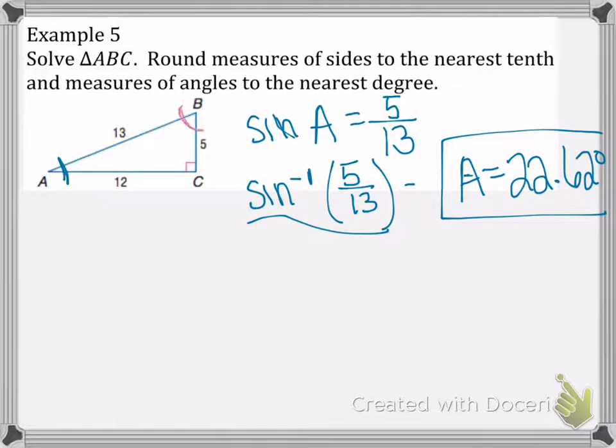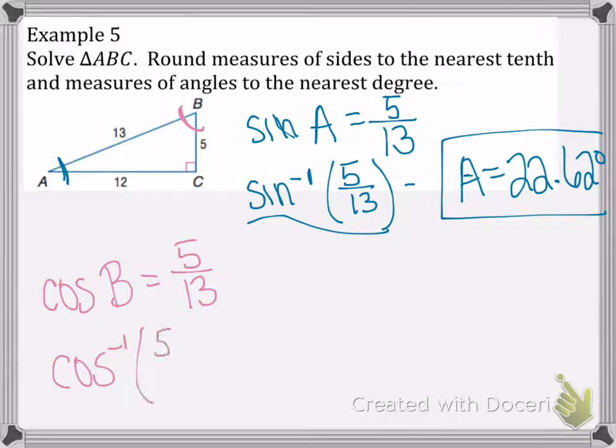Now if I want to find angle B, let's switch it up a little bit. What if I wanted to do the cosine of B equals 5 over 13. So that means the cosine to the -1 of 5 over 13. And you could use any trig functions. It does not have to be this one. 67.38.